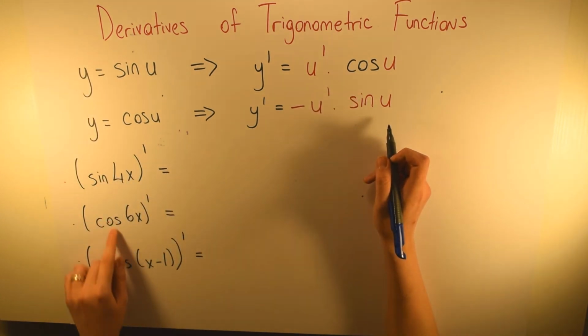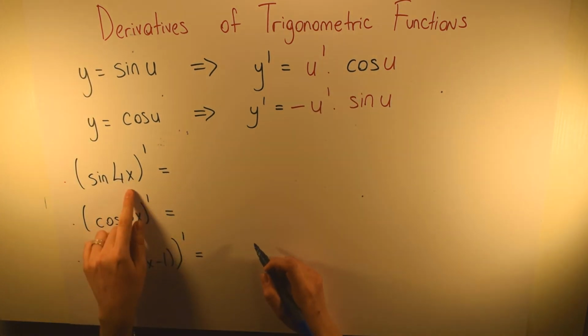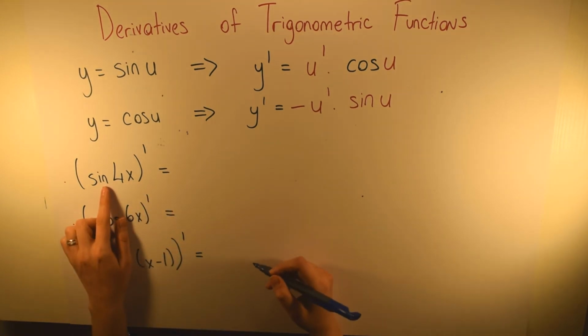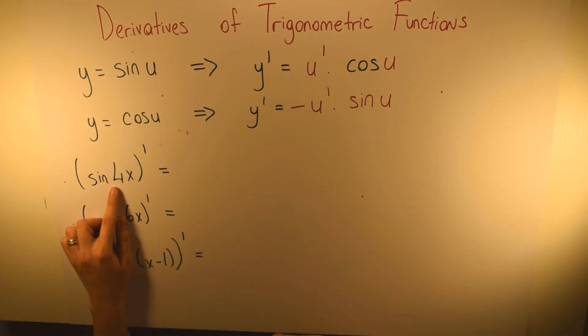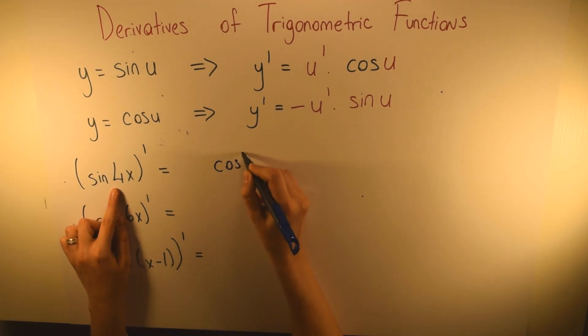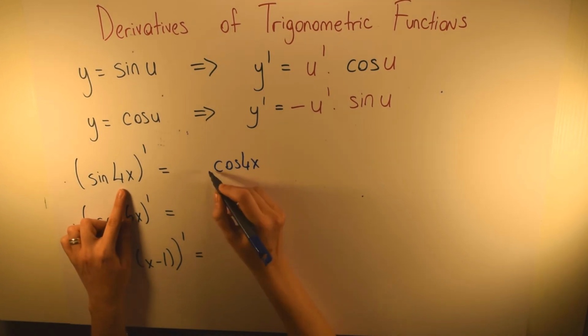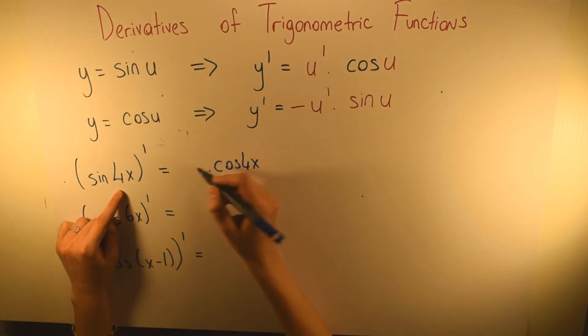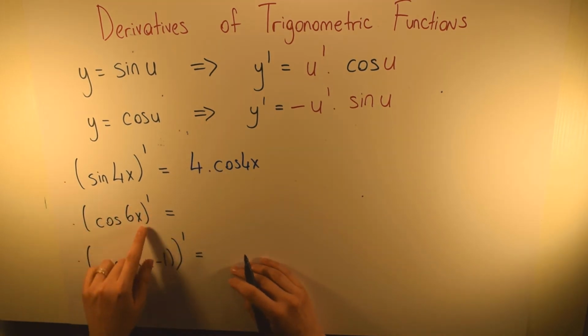Okay, so let's look at this example. Here we have sine 4x, the derivative of sine 4x. So first, you know that the derivative of sine is cosine, right? So I will write cosine 4x, and I will also take the derivative of this 4x, which is equal to 4. Okay, let's look at this one.